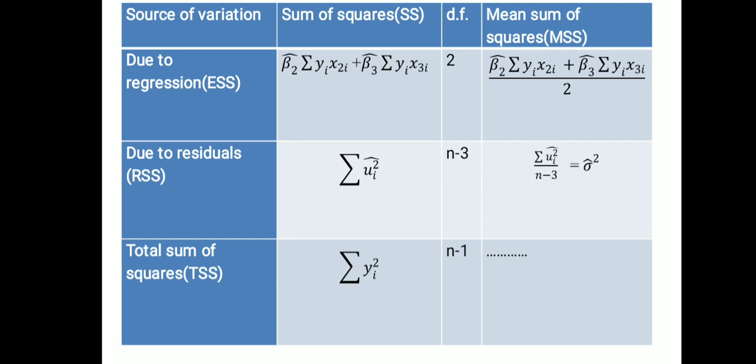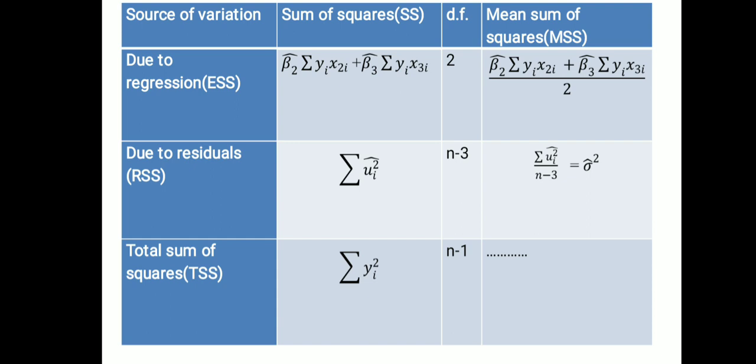The columns are source of variation, sum of squares, degrees of freedom, and mean sum of squares. In the first row, due to the regression, the sum of squares is beta 2 cap times summation yi x2i plus beta 3 cap times summation yi x3i, the degrees of freedom is 2, and the sum of squares divided by its degrees of freedom is the mean sum of squares.